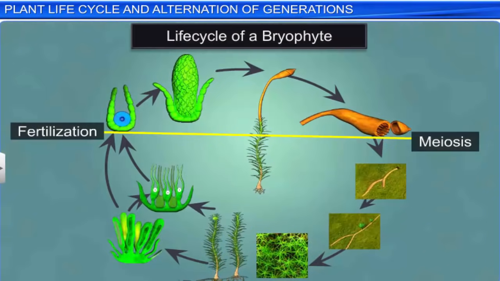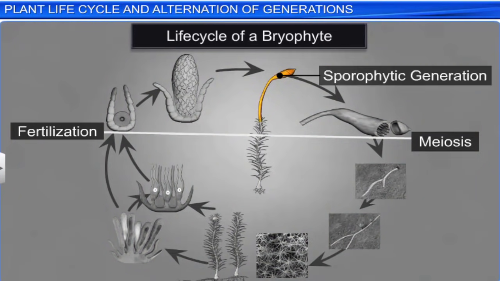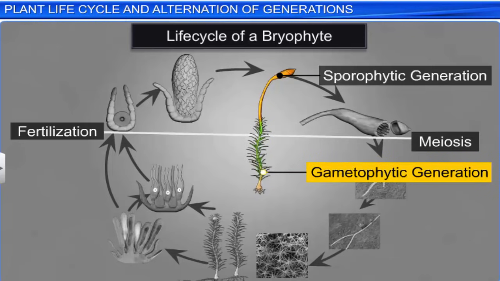In Bryophytes, for instance, a free-living thalloid photosynthetic and erect haploid gametophyte represents the dominant phase. On the other hand, the sporophytic generation is short-lived, during which the multicellular sporophyte is totally or partially dependent on the gametophyte for its anchorage and nutrition.